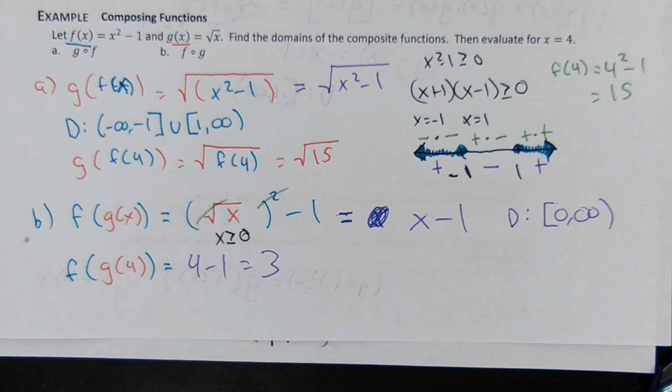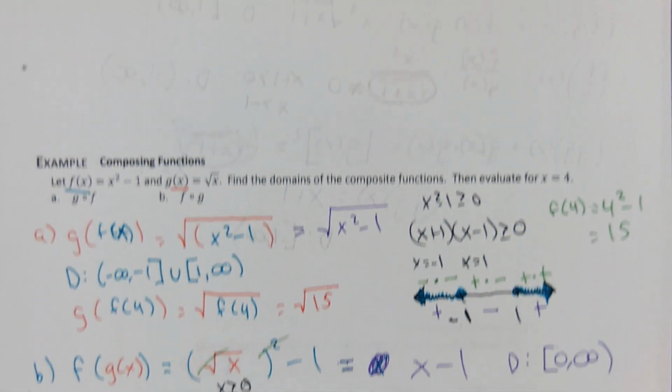So you could either figure out what the values are before composing or what the values are after composing. It doesn't matter. Isn't that neat? I think it's pretty neat. Cool beans? Yes, Mr. Ramp. Okay, great.